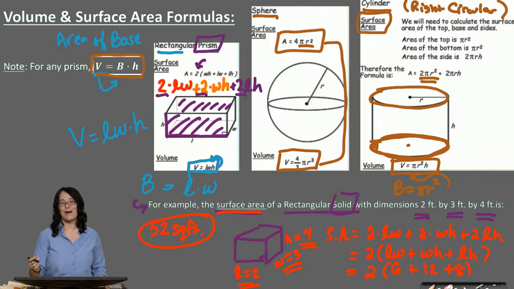Then you would need to figure out how would I find the coverage around the body of the can of soup, right? Well, think about it, for example, if you ever opened your can of soup up and you notice that the label has wrapped itself around the can. If you disconnected that label and then opened it up, what type of shape would that label be in? If you said a rectangle, you would be correct, wouldn't it?